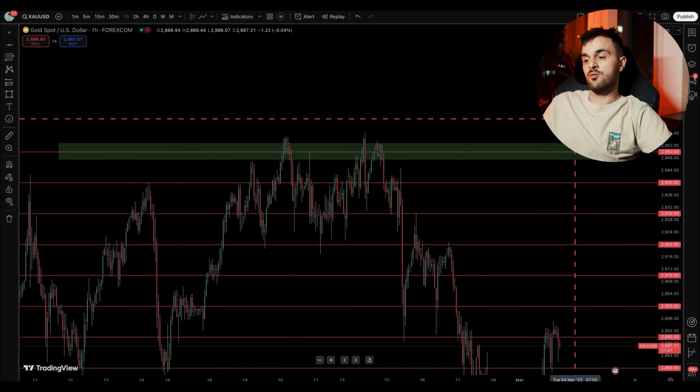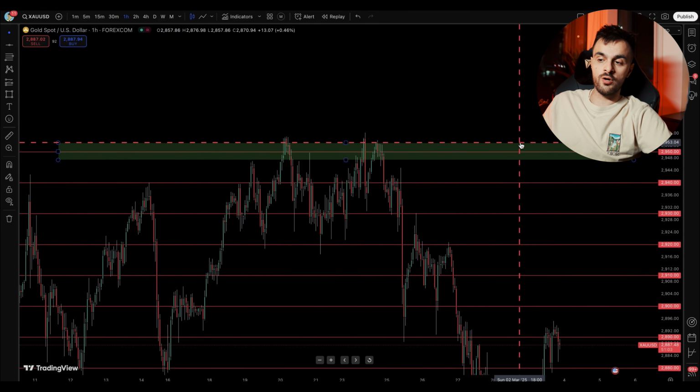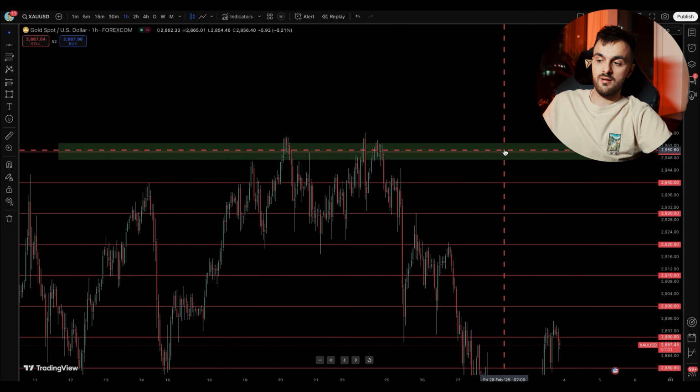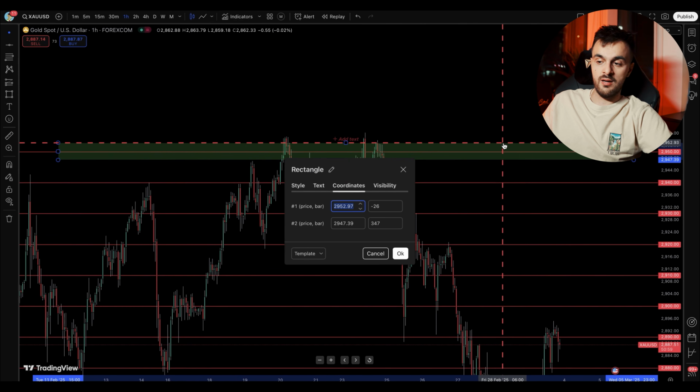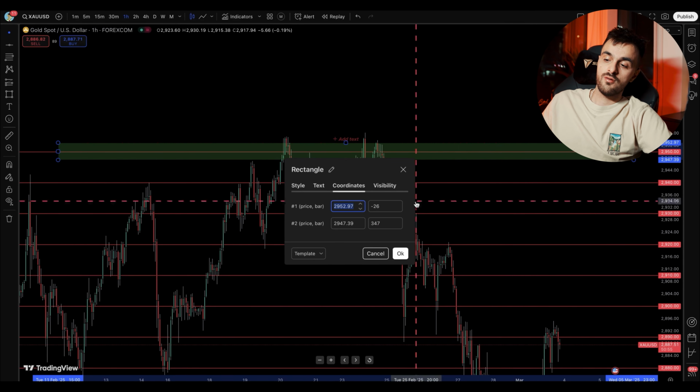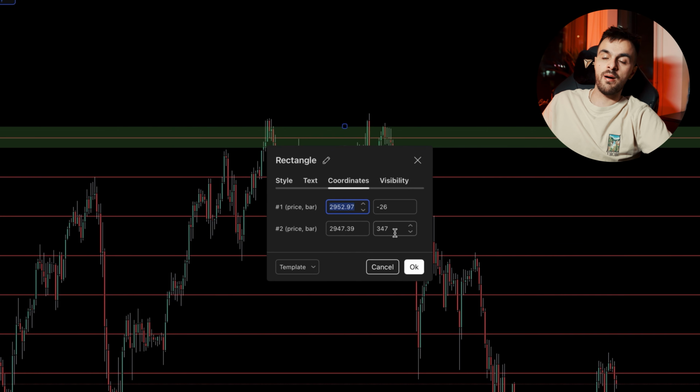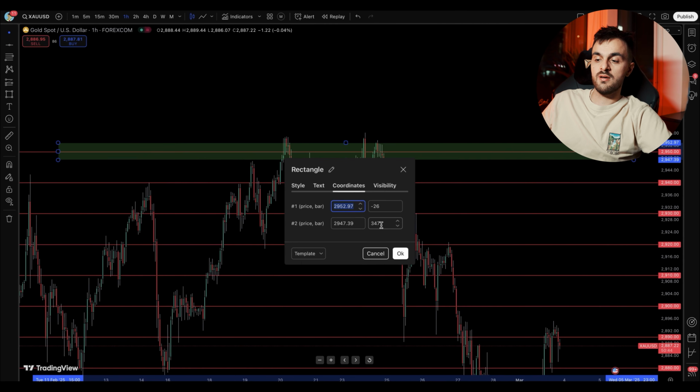So what we're gonna do is kind of do what we did with the line chart. We're gonna go back to the coordinates. We're gonna go on the box and click it, and right here we have coordinates. As you can see, we have a minus and a positive one. Notice how the first column has a negative 26, whereas the second column just says 347.